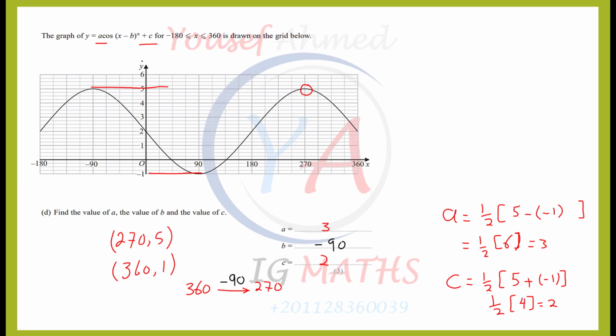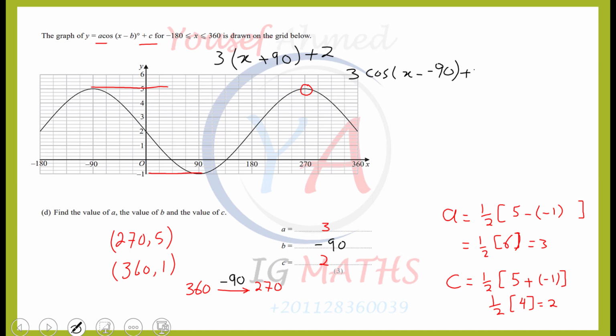Because if you change the sign up there, it will be x plus 90, which will change the function itself. Here 3, and here you have plus 2. It's supposed to be 3 cosine x minus -90 here. So the value of b is -90.